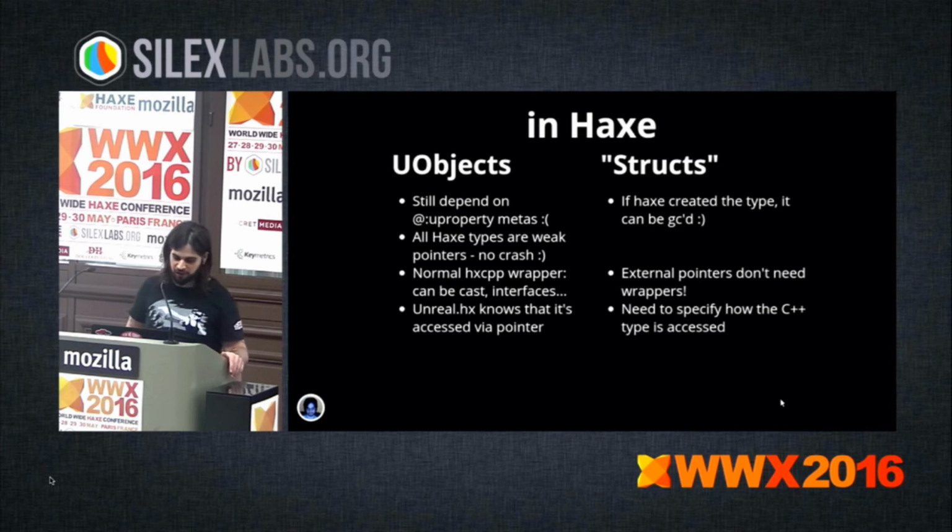For UObjects, Unreal.hx already knows that the type will be a pointer, because all UObjects are pointers. For structs, you need to specify how the type is accessed on the extern.